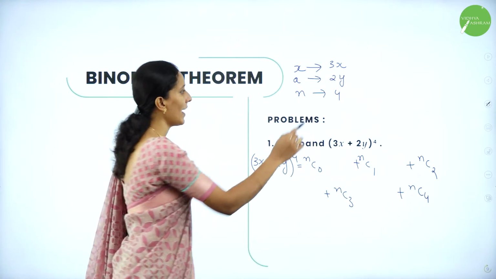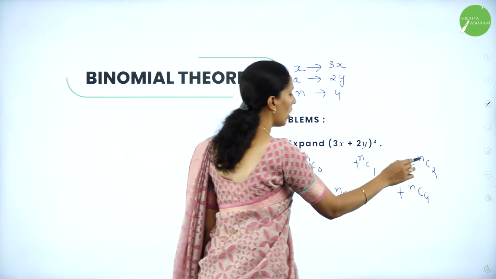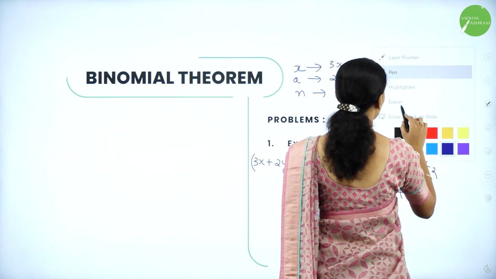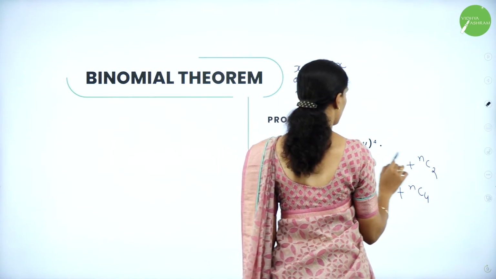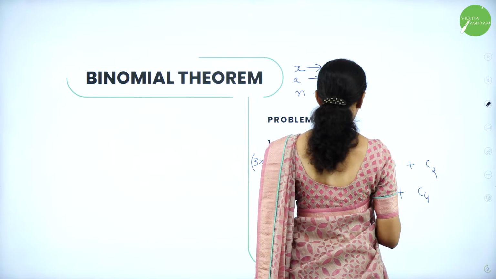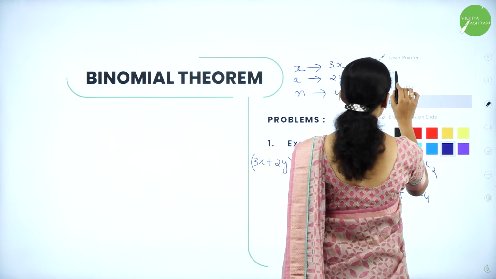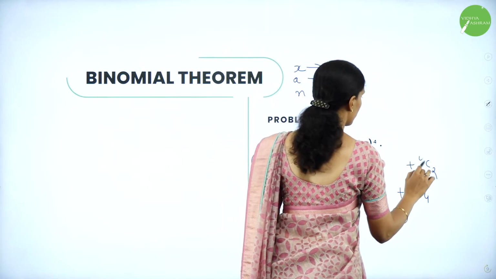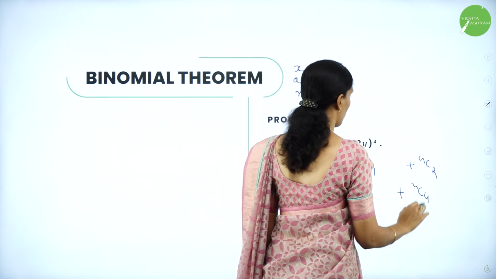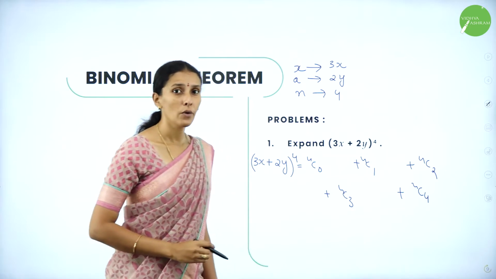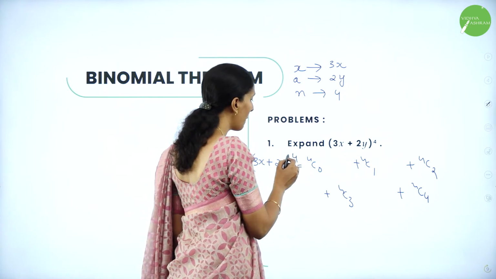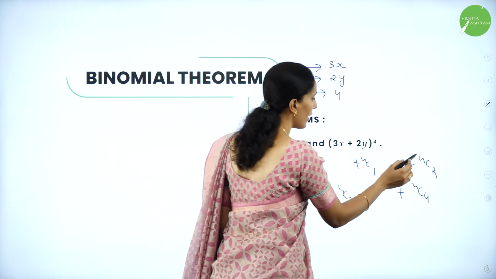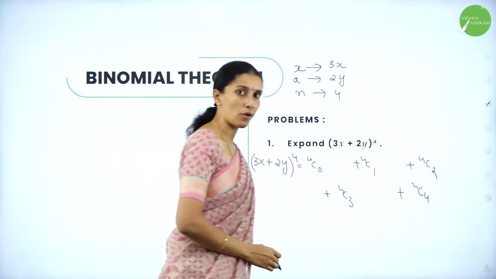Since my n is 4 here, just replace all the n by 4. So this is how it looks. When you have power 4 as an index, then it is 4C0, 4C1, 4C2, 4C3, 4C4.